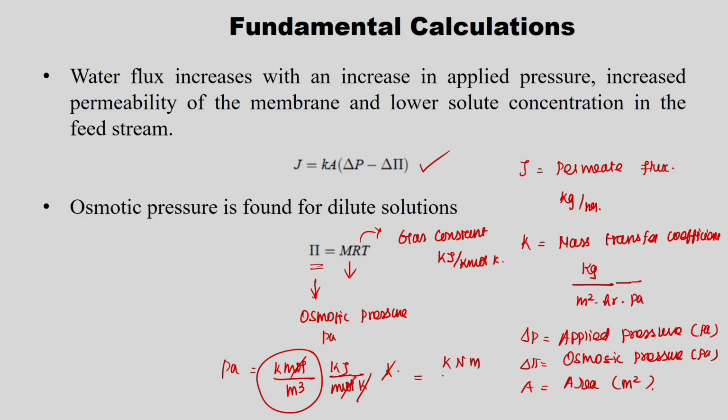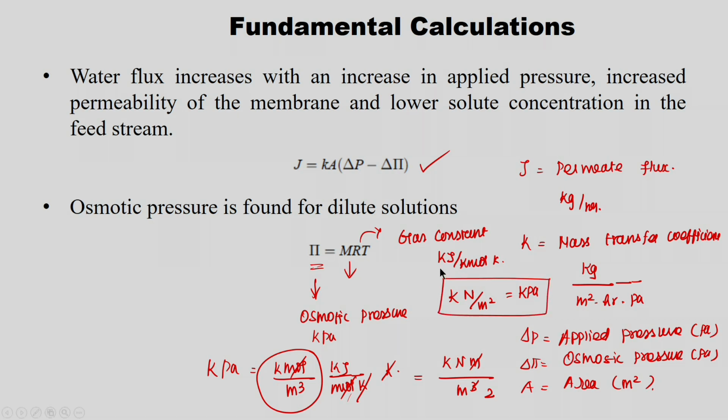Joule is nothing but Newton meter, so this is kilo Newton per meter square, which we call kPa. So, whatever osmotic pressure you calculate will be in kilopascal.